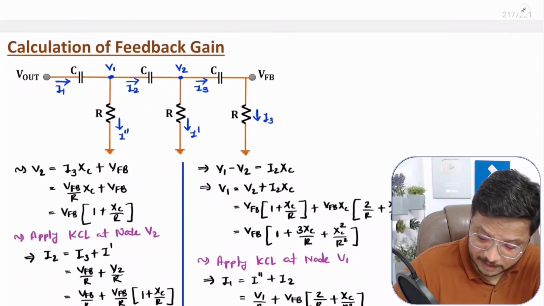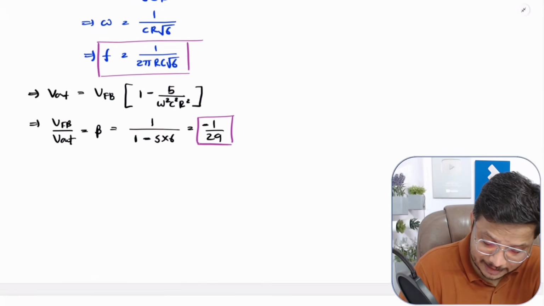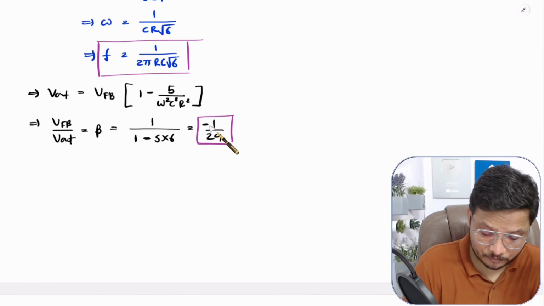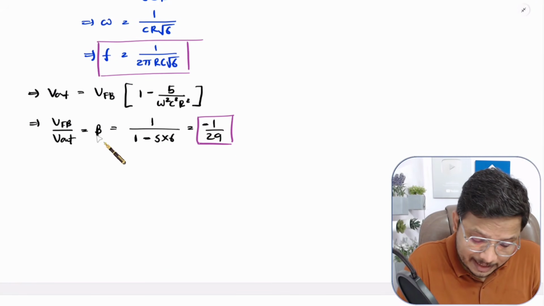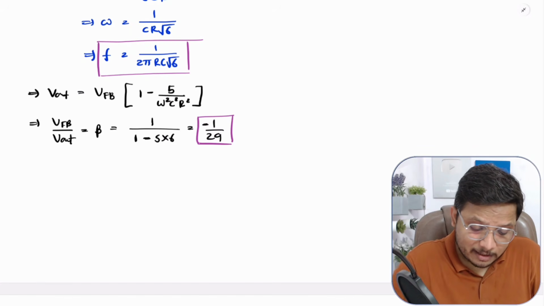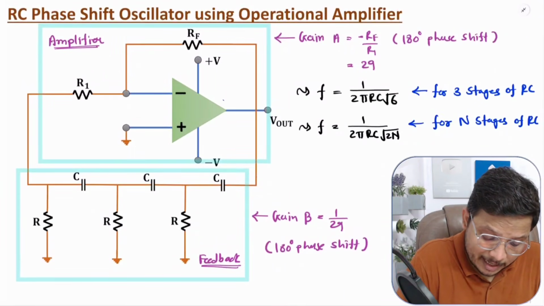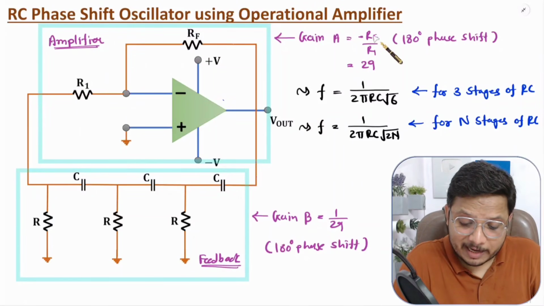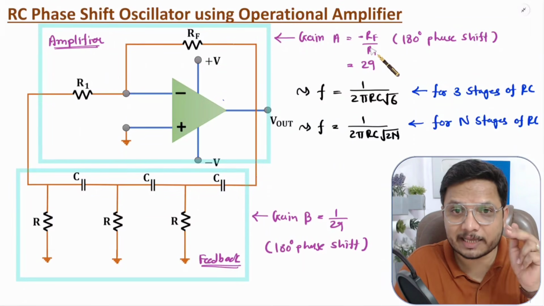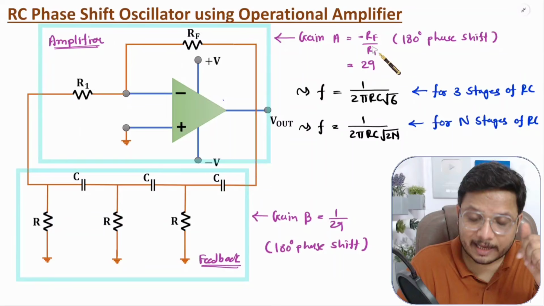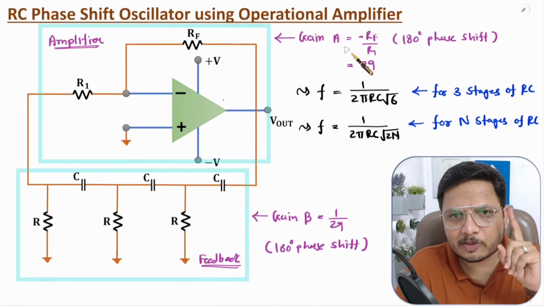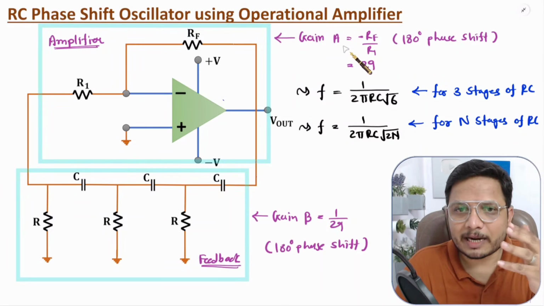So based on phase shift only, we are having beta that is negative over here, right? So here we have beta, that is 1 by 29, and based on that, we need to select components RF and R1. If RF divided by R1 is 29, right? In that case, A into beta is equal to unity. And based on that, one can have oscillation over here, right?